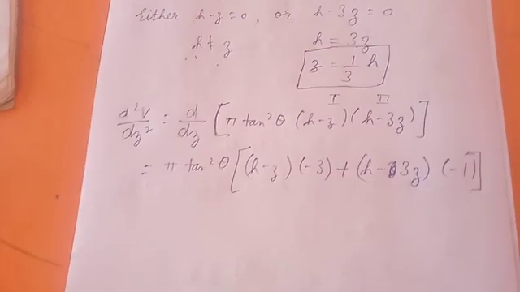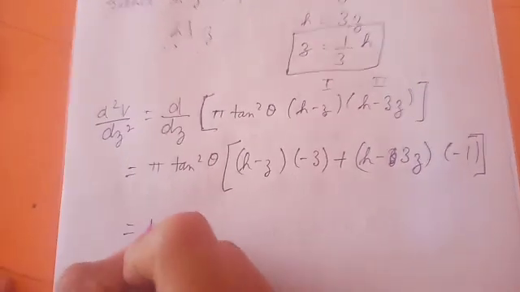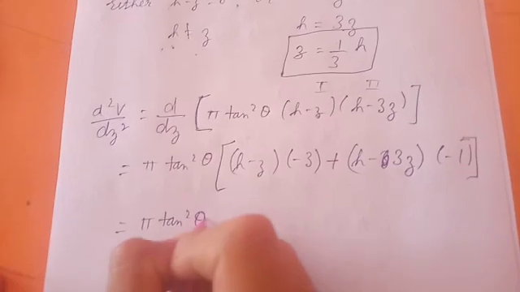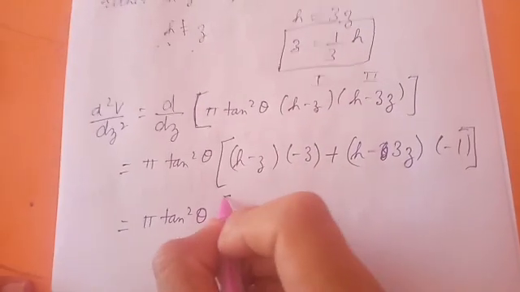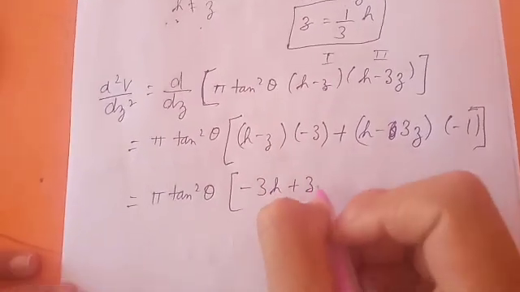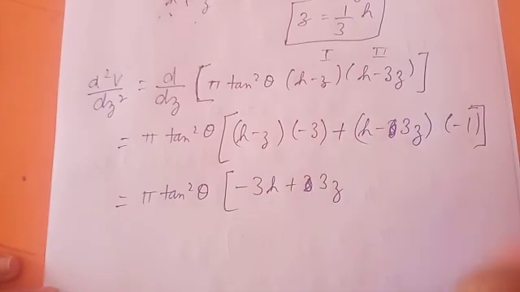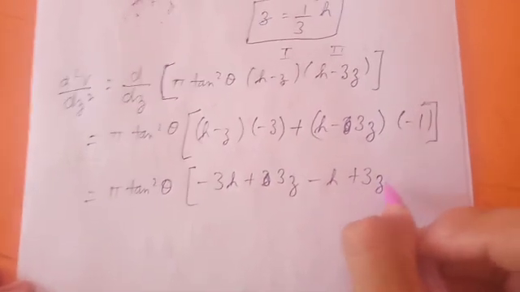Okay, so what we get? Pi tangent square theta, this will be minus 3h plus 3z minus h plus 3z.